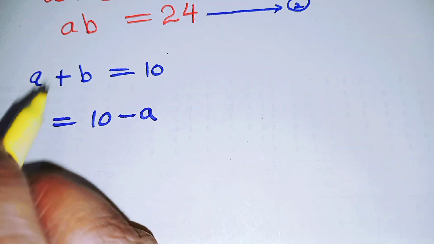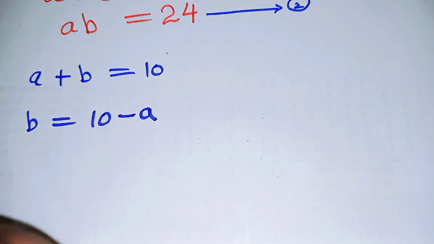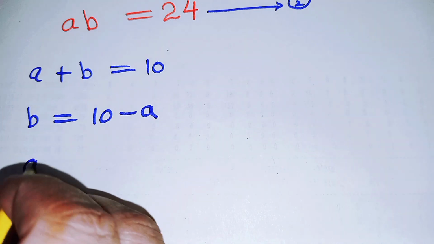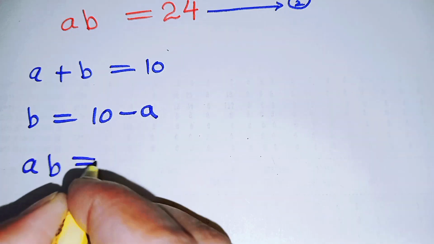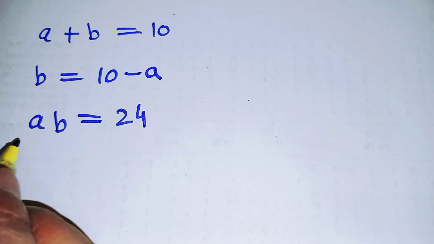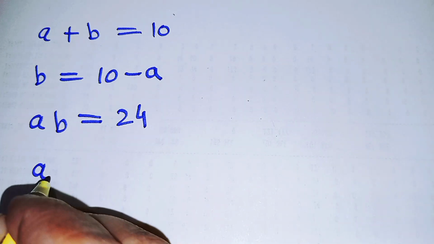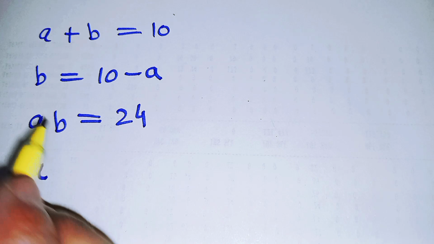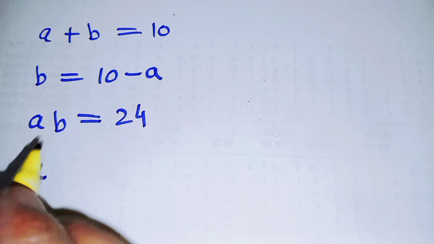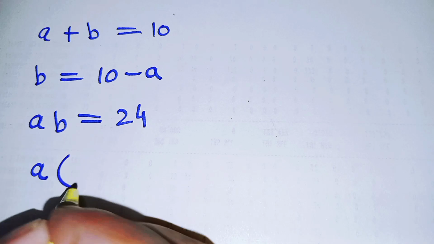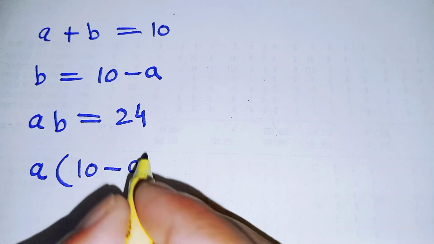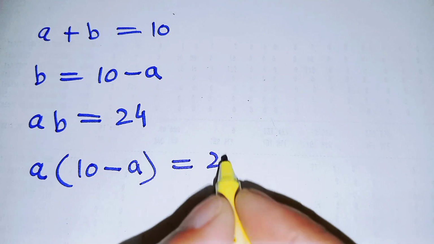The second equation is ab is equal to 24. Here we put the value of b, which is 10 minus a, so a times (10 minus a) is equal to 24.